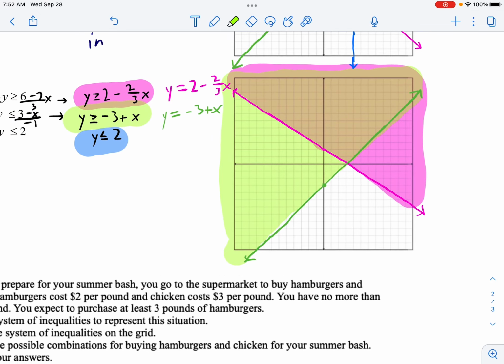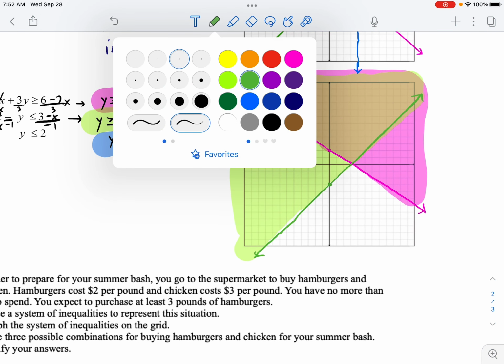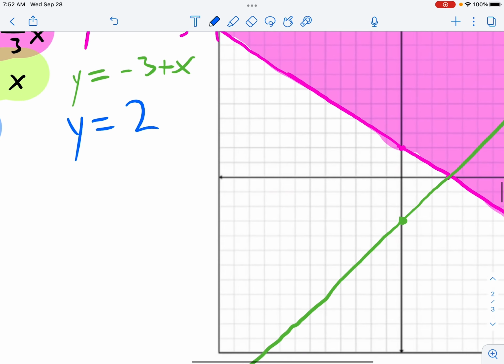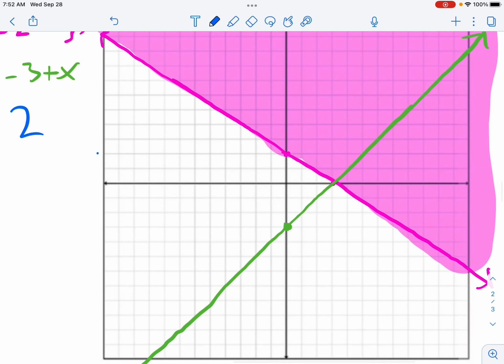All right. And again, now we'll do the last inequality. So we're going to graph my blue inequality just as if it were the line y equals positive 2. Okay. And we're going to use a solid line because I have y is less than or equal to 2. Okay. So let me do that here real quick.